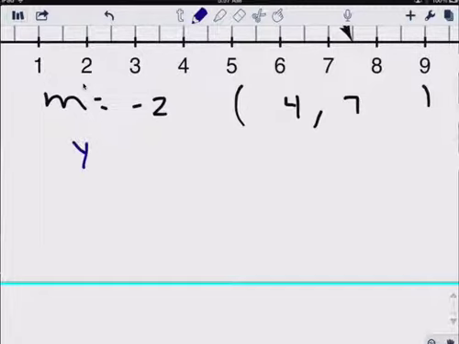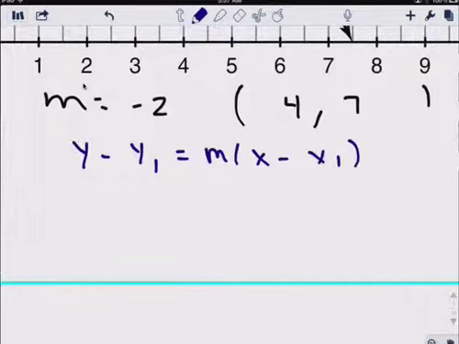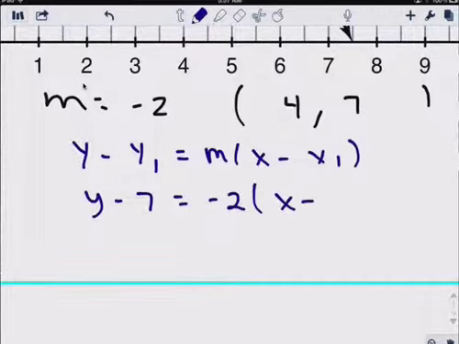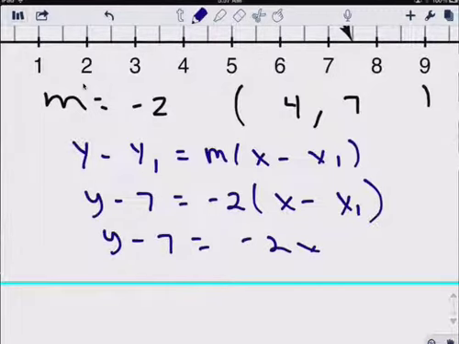Point-slope is y minus y1 equals m parentheses x minus x1. Okay, y minus y1, which is 7, equals m, negative 2, parentheses x minus x1. So we get y minus 7 equals negative 2x. Oh yes, x1 is 4.